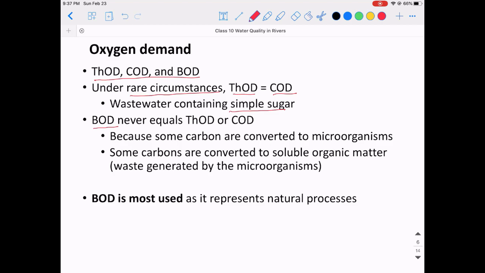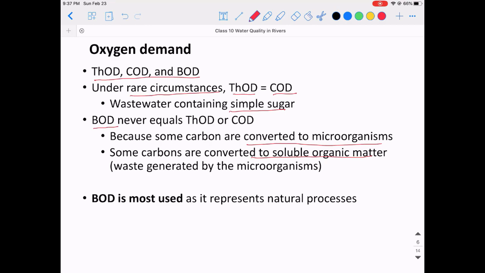And also, we should know that the BOD never equals the theoretical oxygen demand or the COD. This is simply because some of the carbon or some of the organics in the water are being converted to part of the microorganisms, because they survive on this organic matter, right? So they will not get oxidized into carbon dioxide. And also some carbon is converted to soluble organic matter.